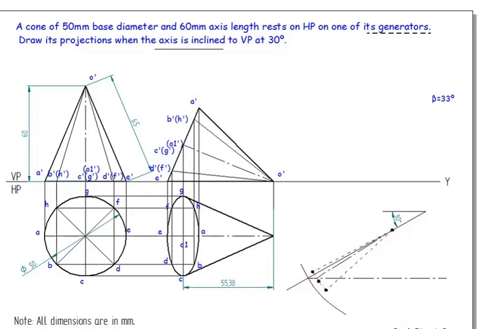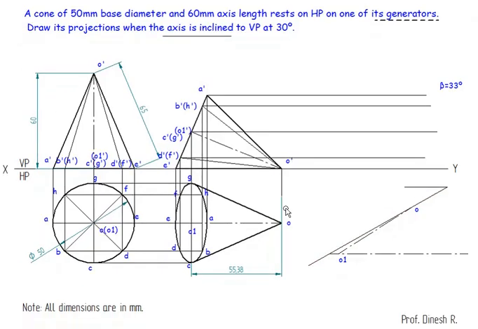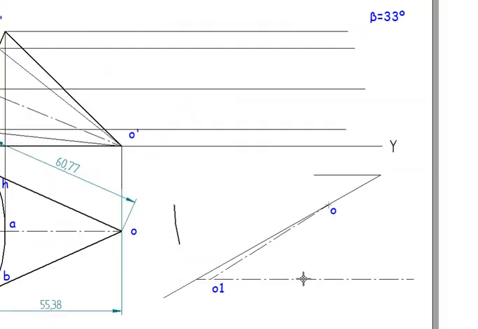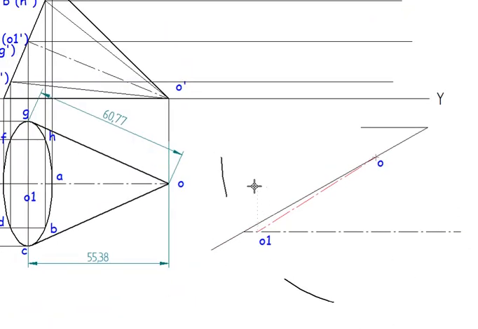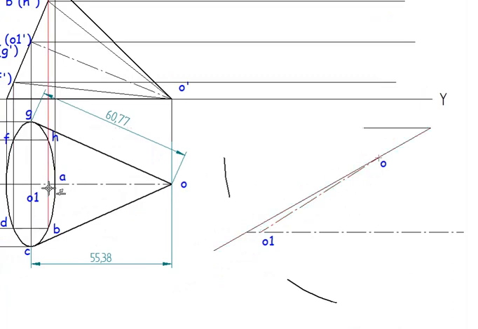Now what we need to do is take the distance from O1 to G, which is equal to 25.